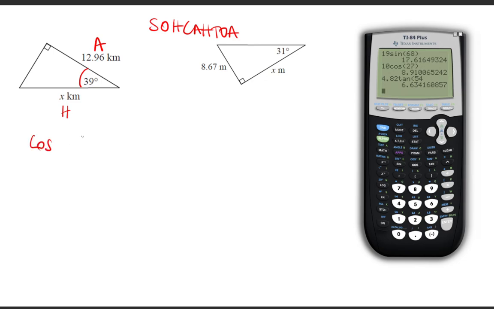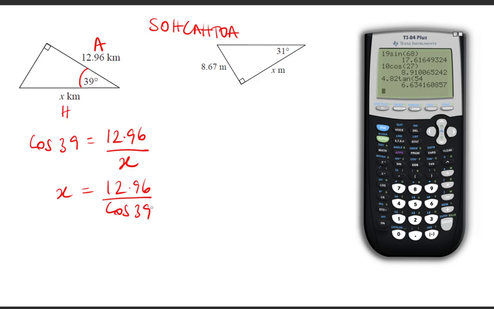So let's put all the information in. So cos of the angle, so 39. Now be careful this time because we know it's adjacent divided by hypotenuse. So it's 12.96 divided by x. So this time you notice that the x is on the bottom. So what we're going to have to do is swap these two sides over. So x is 12.96 divided by cos 39.